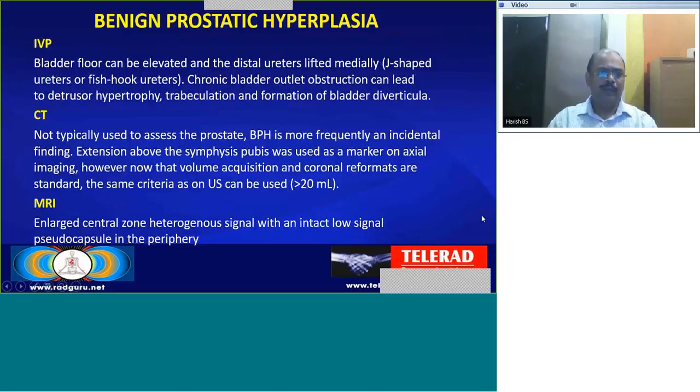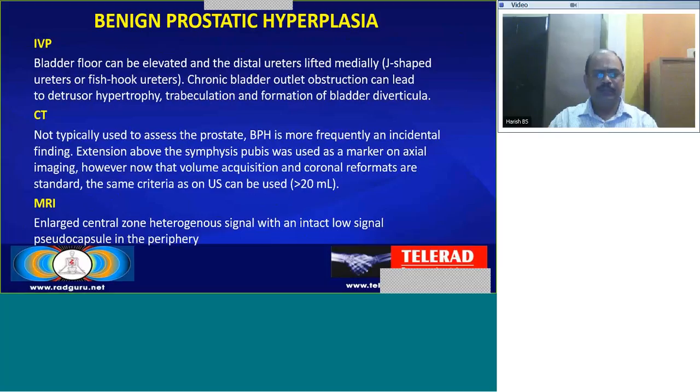On IVP, BPH will cause elevation of the bladder base and lifting of the medial ends of the distal ureters, giving the characteristic picture of J-shaped ureters or fish hook-shaped ureters.